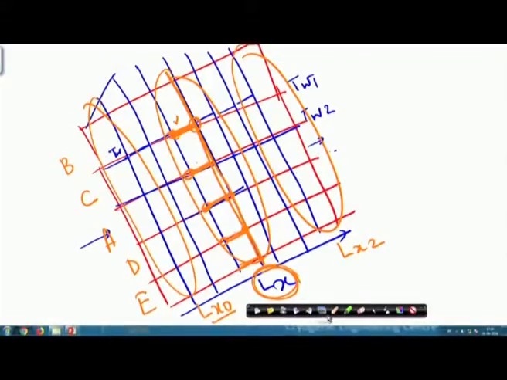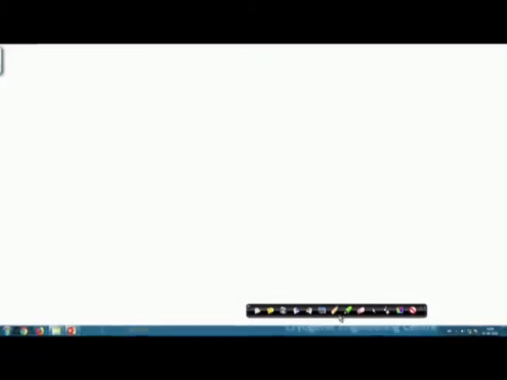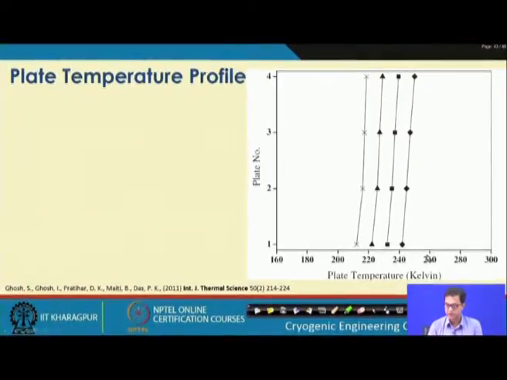So, for this example that we have shown you, it is first of all following that zigzag pattern for the cumulative heat load. And in context to the wall temperature, that program was giving us the wall temperature at different locations.